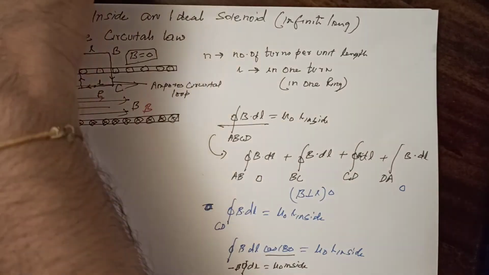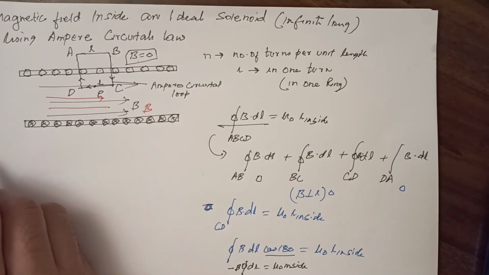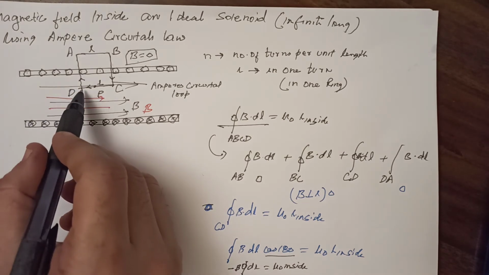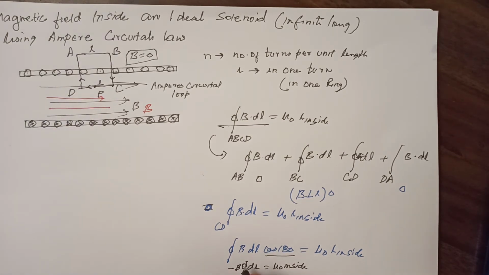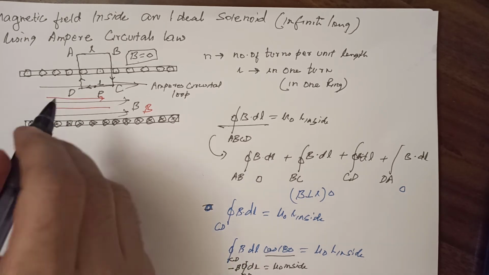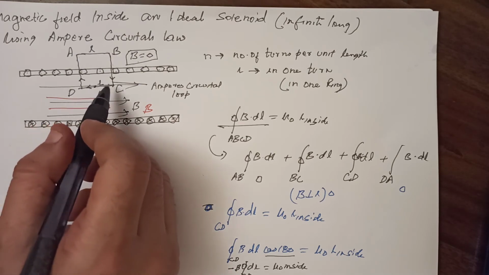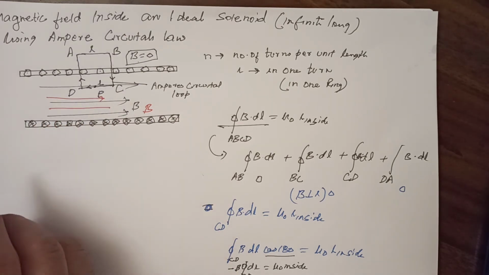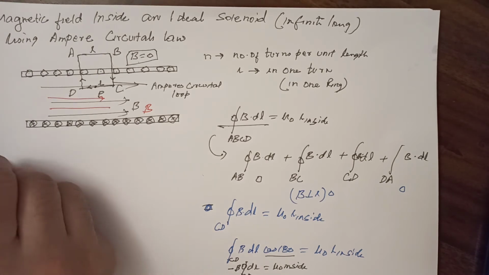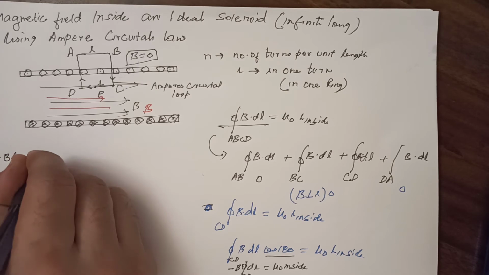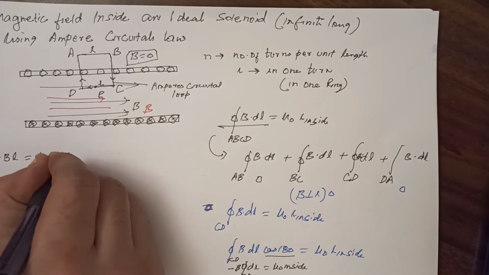Now the integral of dl, which is nothing here but CD, is dl plus dl, adding all the small dls. The total length is L. So this becomes minus BL is equal to mu naught I inside.